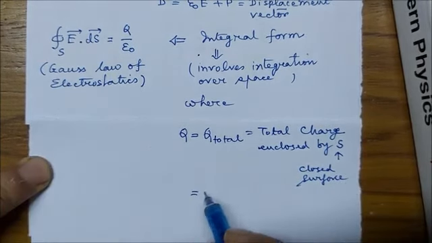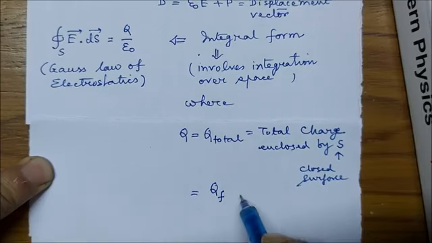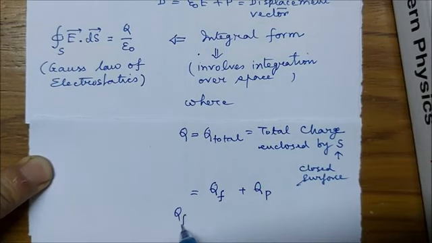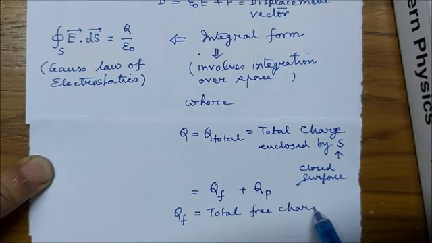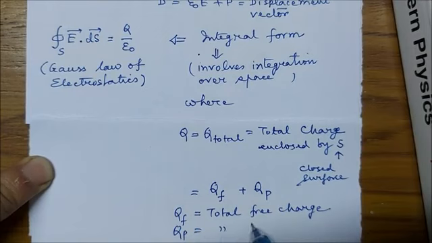And this Q consists of two parts. One is QF and the other one can be written as QP, where QF is the total free charge and QP is the total polarization charge.